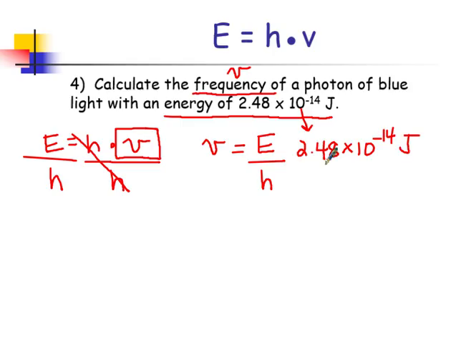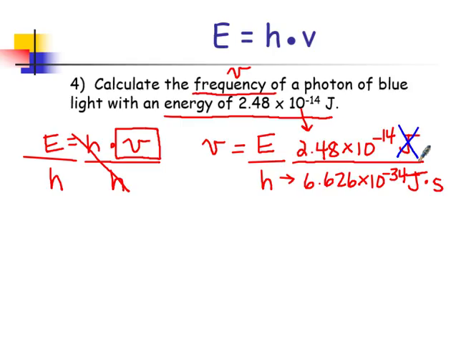And we're going to divide that by H, Planck's constant, 6.626 times 10 to the negative 34th, with that weird unit called a joule second. We figure out what they have in common, and we cancel them out. Joules and joules. Which leaves us seconds, but if you extend this, it really leaves you seconds underneath the fraction, which is where we want it.